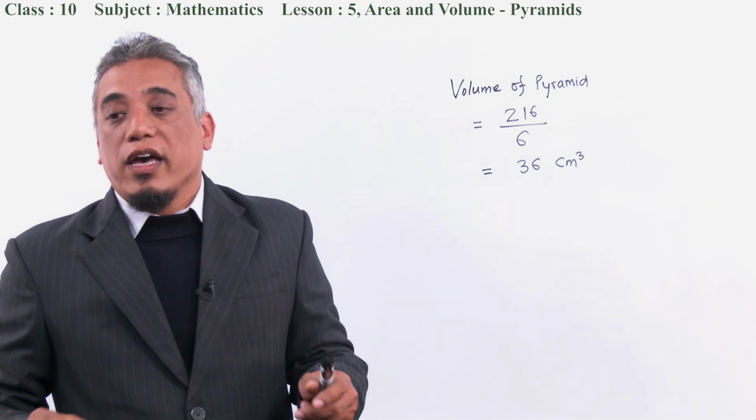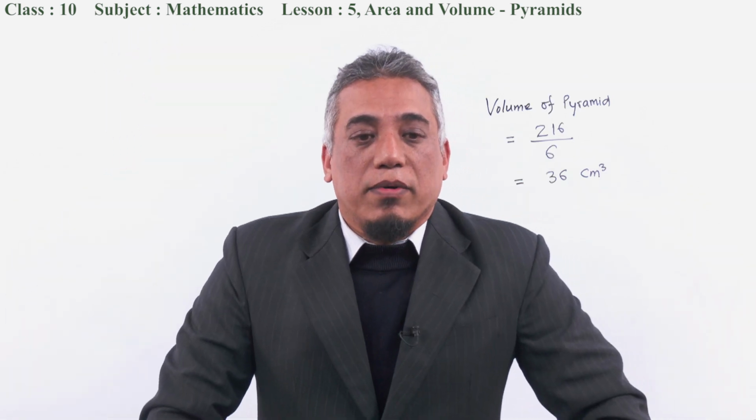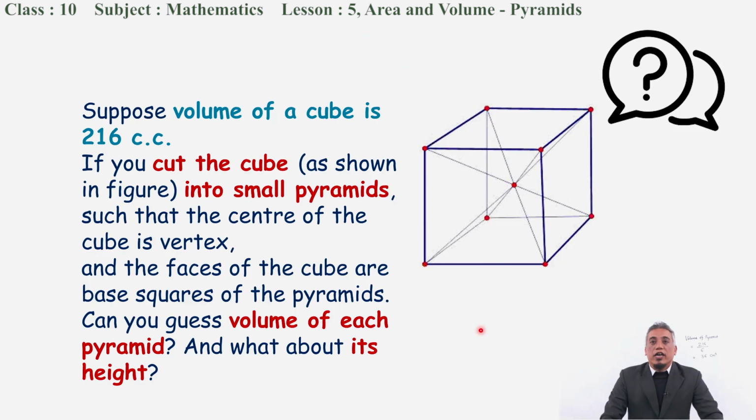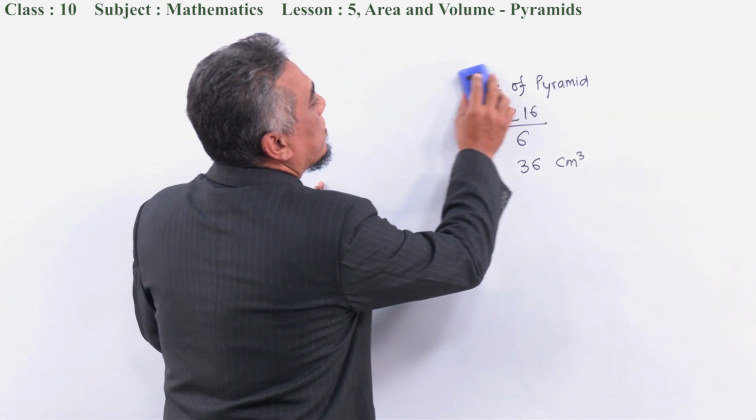Okay, and it asks us about its height also. So can you guess the height? Yes, it is complicated. Before we estimate the height of the pyramid, we have to know what is the height of the cube here. So let's discuss the height of the cube.